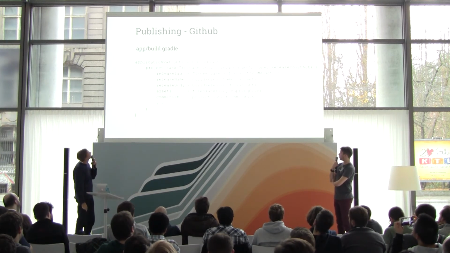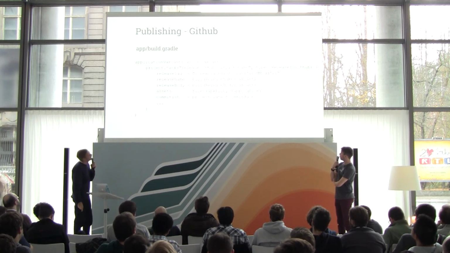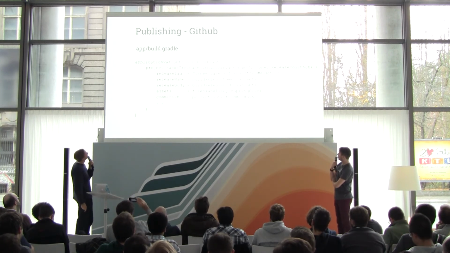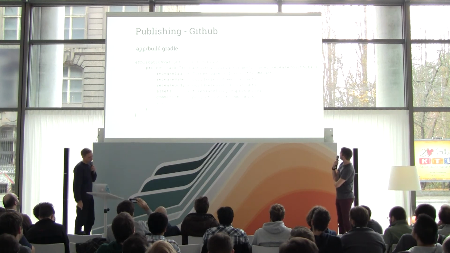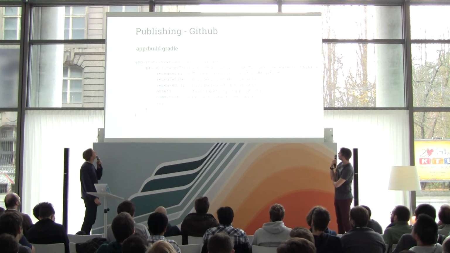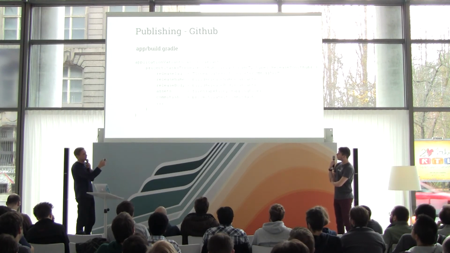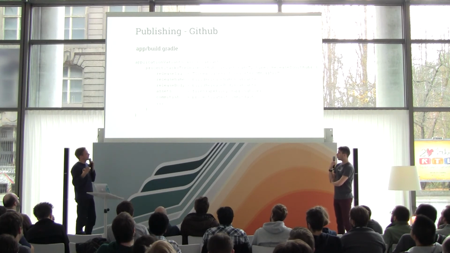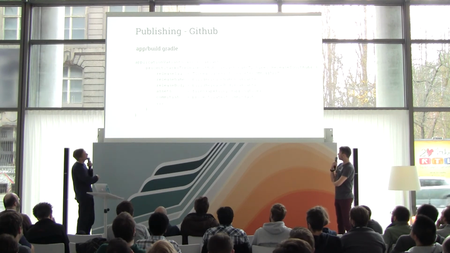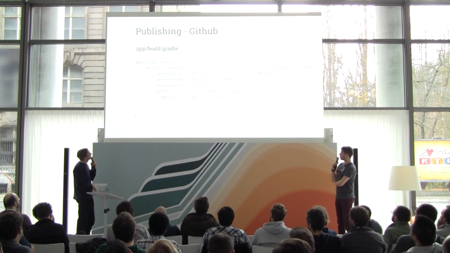We just configure it. So we say that for each variant we want to add a task, right? Here you see, for all the variants, remember it's the combination of build type and, what's it called, product flavor, right? So for each one we create a release task in this case.